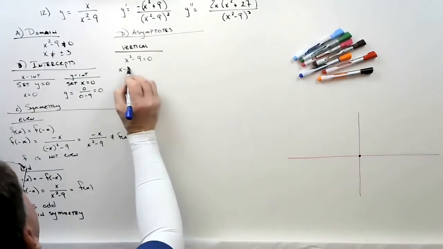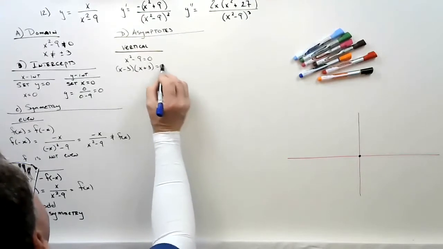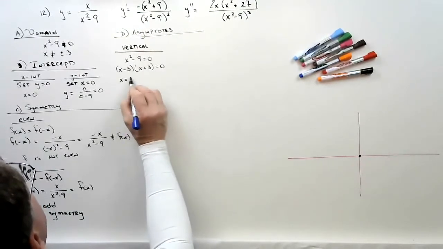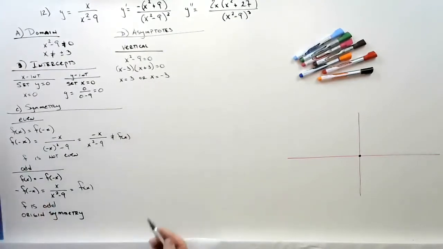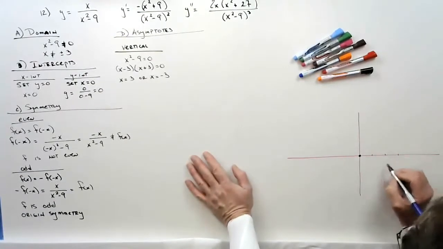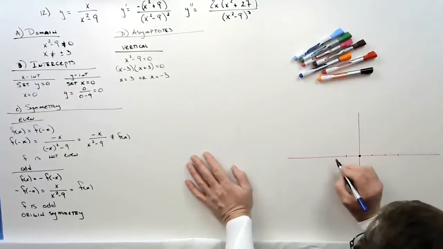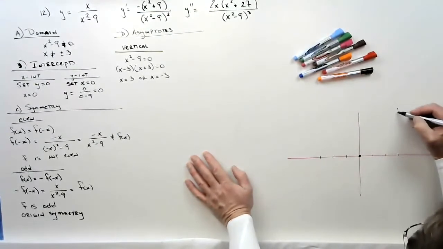That's a difference of two squares. So I have two vertical asymptotes. I have a vertical asymptote at 3, so I'm going to come over here at 3, and over here at minus 3, and I'm going to put in my vertical asymptotes.